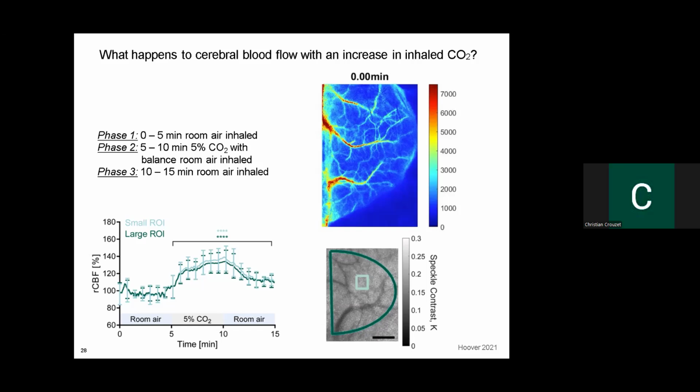Just briefly, SFI, or speckle flow index, is equal to 1 over 2 times the exposure time of the camera times the contrast squared. You can do that at each pixel location. It's a simplified approach for calculating correlation time, where that term, 2 times exposure time times contrast squared, is basically the correlation time, and SFI is 1 over the correlation time. So that's where that term comes in.